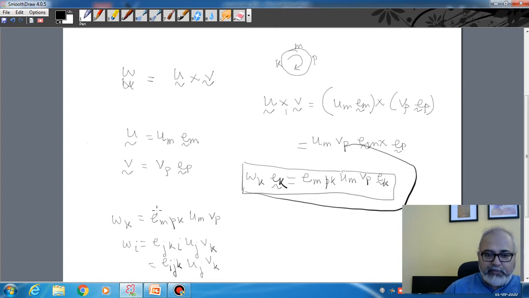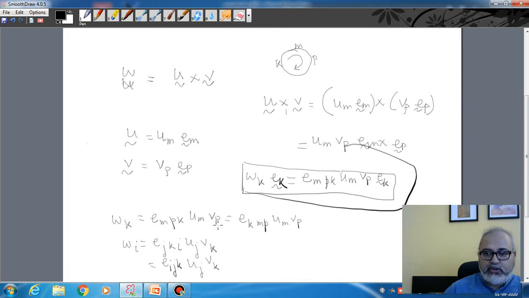In place of MPK, I have written KMP, which is also clockwise, with UM VP. And then when I replaced K by I, I have EIJK UJ VK, where J and K are repeated indices and I is the free index.